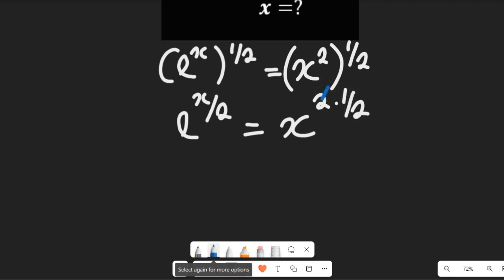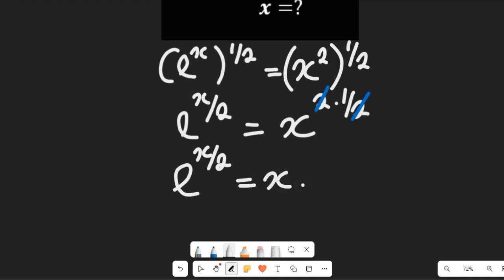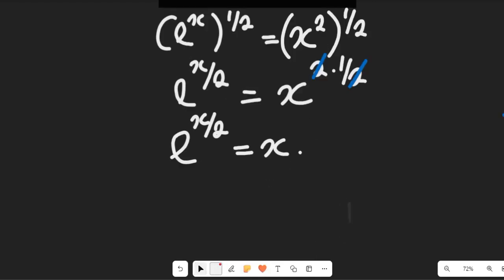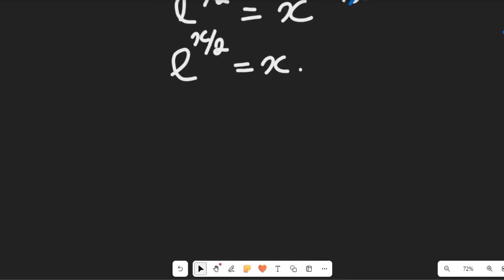Now 2 will cancel out 2 and we'll be left with 1. So from that expression, I can simply have x to the power of x divided by 2 equal to x.